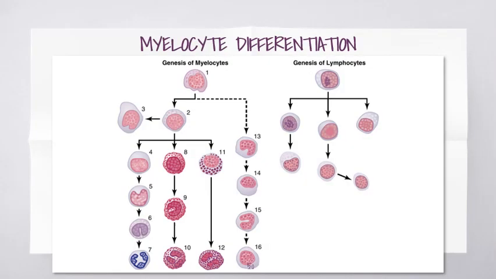So this is the myeloblast. This is the promyelocyte. It will now divide and identify itself as either a neutrophil, an eosinophil, or a basophil. Based on what again? Based on the production of granules.